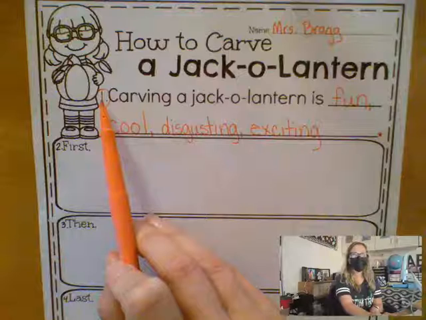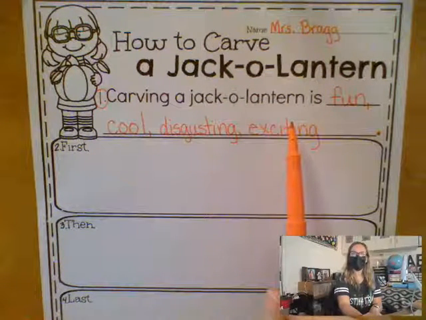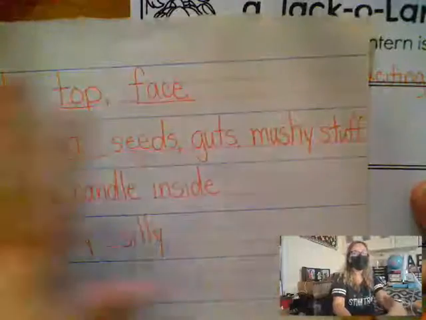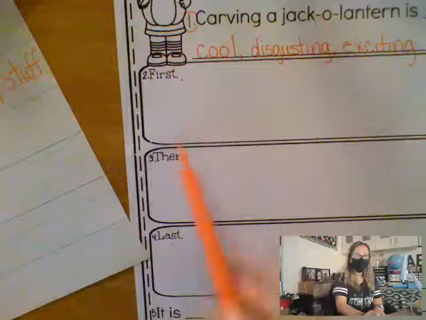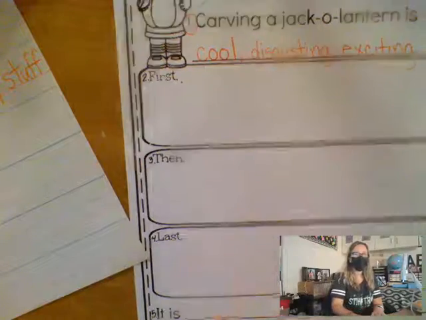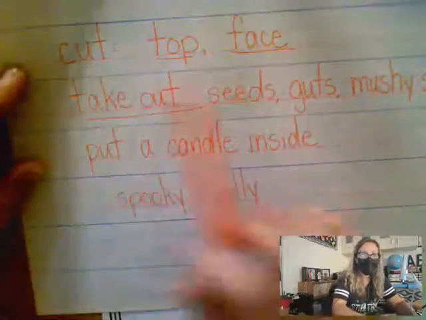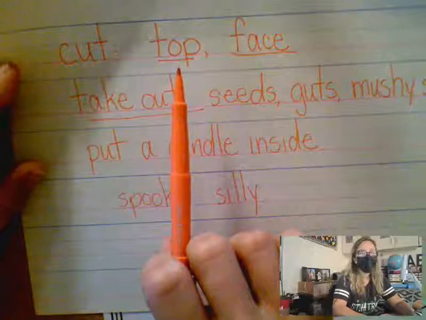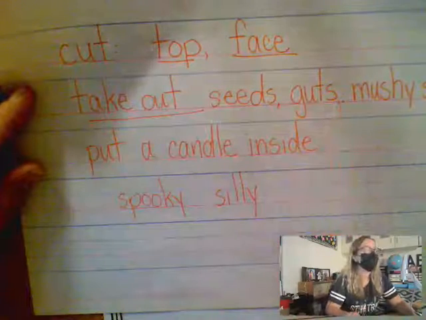Okay? After you put in your adjectives to tell me how you feel about carving a jack-o'-lantern, now you're going to use your journal with your brainstorm to fill out step 1, which is first, step 2, which is then, step 3, which is last. So what's the first thing you do? Well, look at our planning page. We said first you have to cut the top. Okay? So why don't we say first you cut the top and take out the seeds? Does that work?